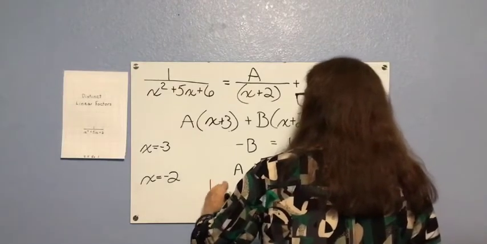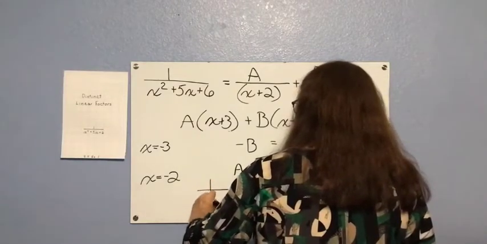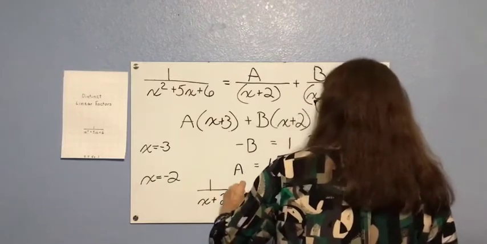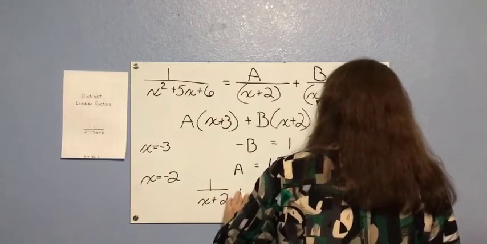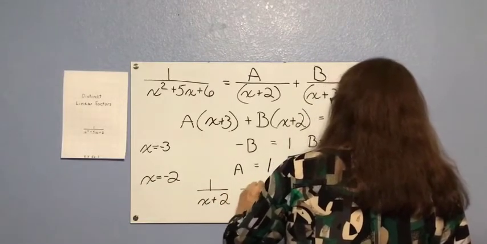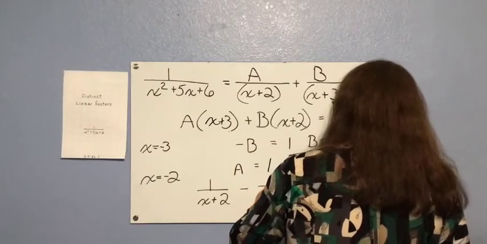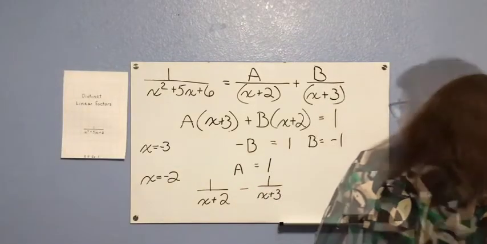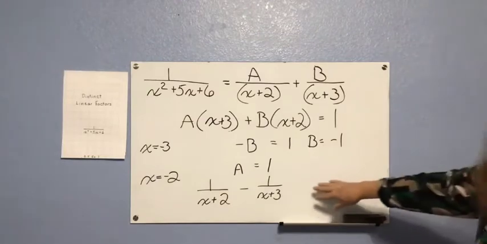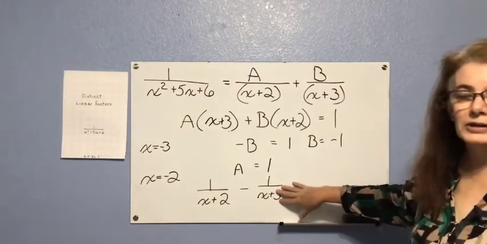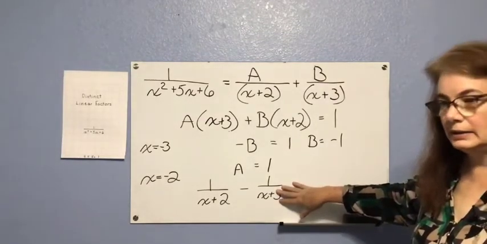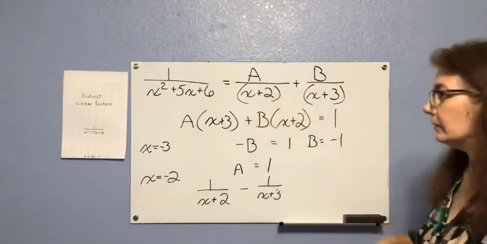I'm going to have 1 over x plus 2 minus 1 over x plus 3. Now I have two simpler fractions that I can integrate a little more easily than the original.